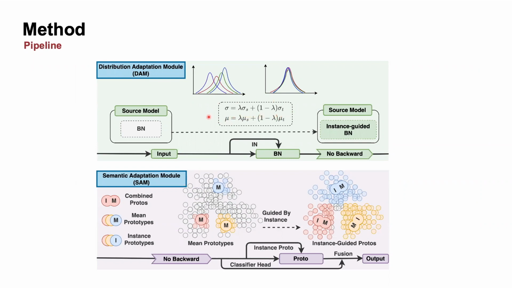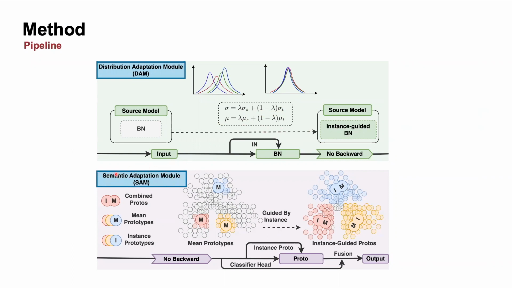We would change the BN statistics based on the instance information so that we can adapt it to the specific instance. Note that we do not update the network, so we would not experience the forgetting problem. And also for this part, we do not change the trainable parameters, so it only requires one-time inference, which is highly efficient.